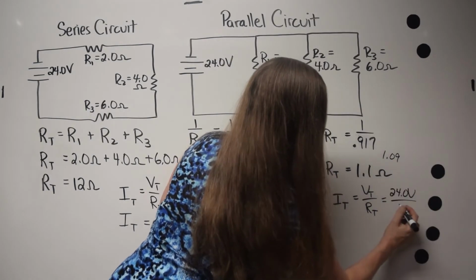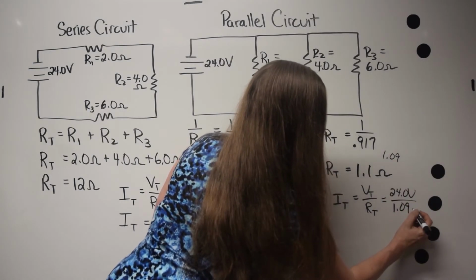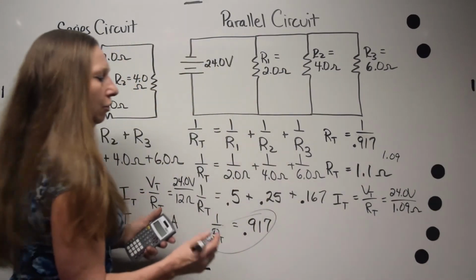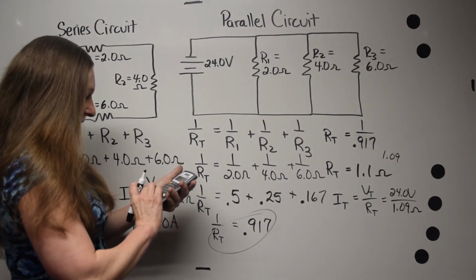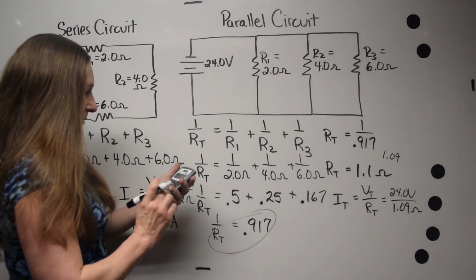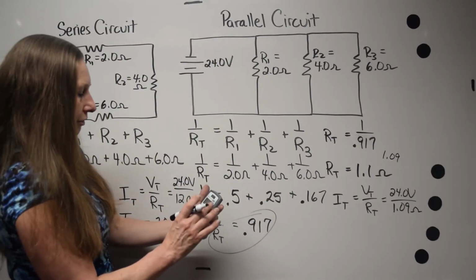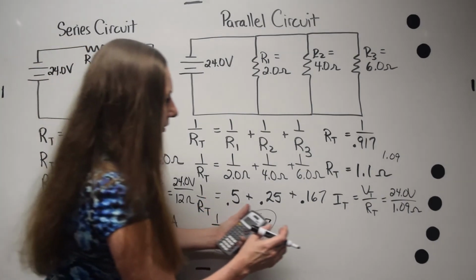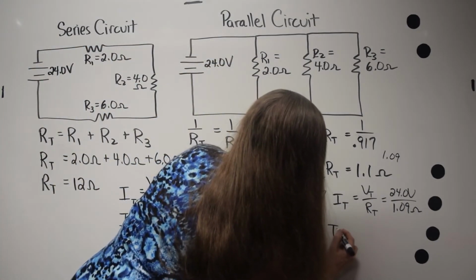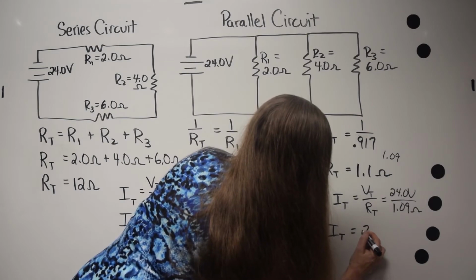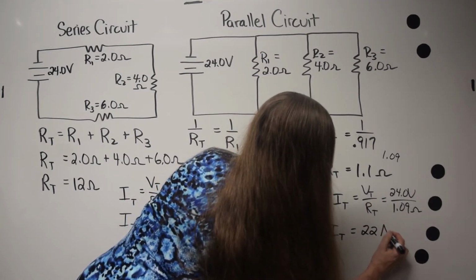The total resistance, before I rounded it, was 1.09 ohms. 24 divided by 1.09, my total current is 22. All right, I total equals 22 amps.